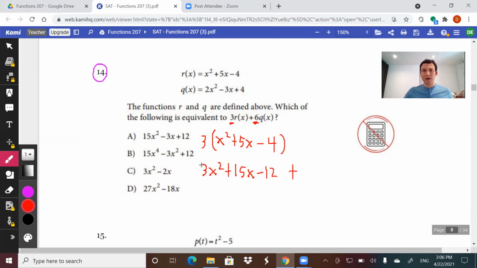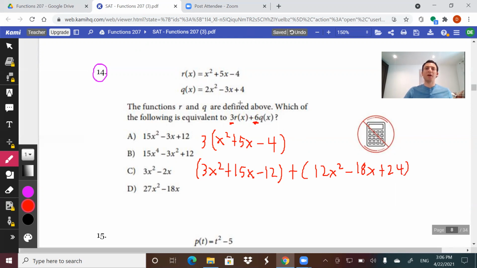And what are we adding to that? I'll put these in brackets. We're adding to that 6 times 2x squared, so that's 12x squared, minus 6 times 3x, so minus 18x, 6 times 4, plus 24.